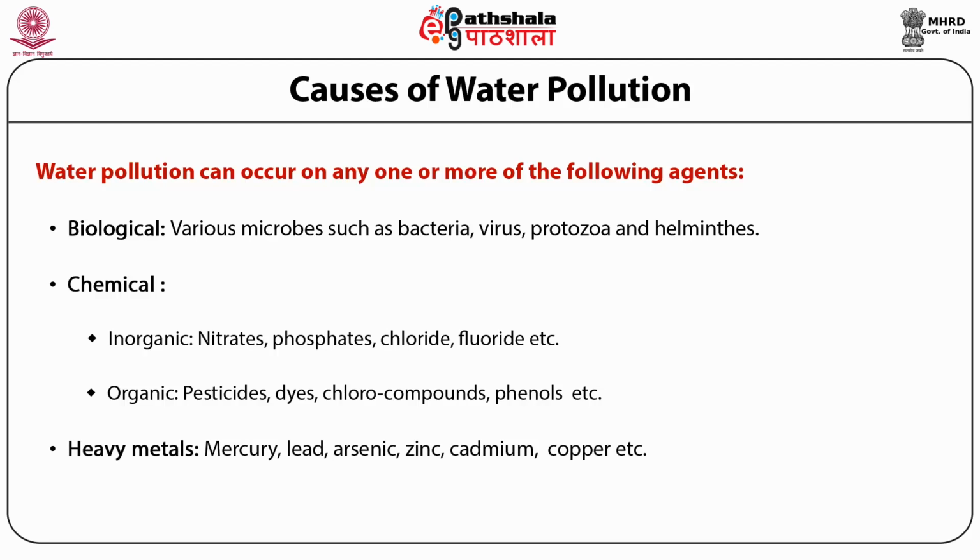It is the presence of heavy metal ions such as mercury, lead, arsenic, zinc, cadmium, copper, etc. Another agent is physical, and it is the waste heat that is released from thermal plants.